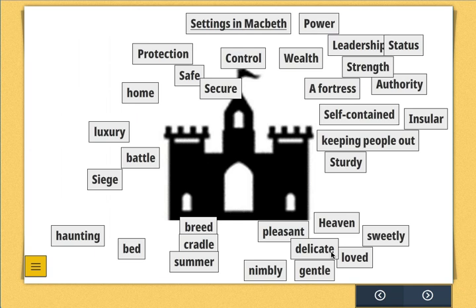Of course, there's a great deal of dramatic irony going on, isn't there, as Duncan arrives at the castle and declares, "This castle hath a pleasant seat. The air nimbly and sweetly recommends itself unto our gentle senses." He's got it completely wrong there, hasn't he? It's the place where he is going to be murdered, and he'll spend his last night on earth in that castle.